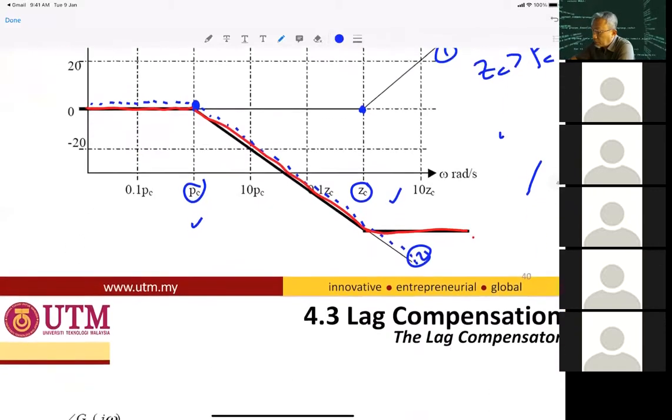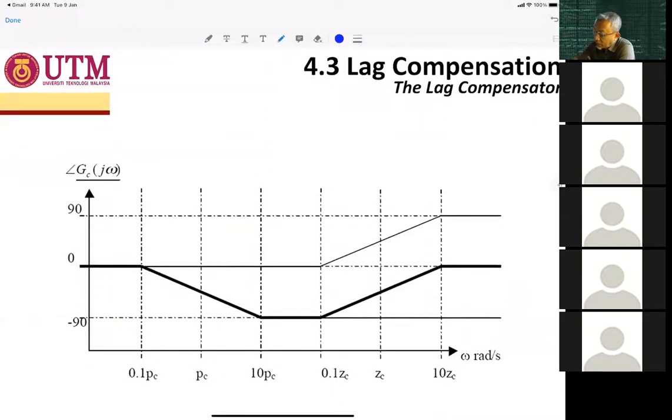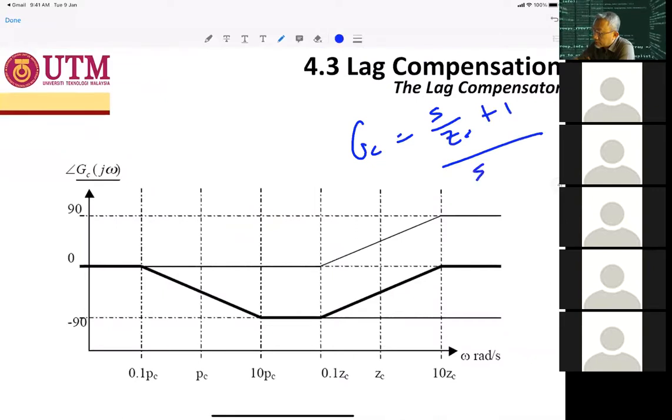So this is the total. The bold line is the total between gain curve 1 and gain curve 2. Similarly for the phase Bode diagram, Zc is greater than Pc.